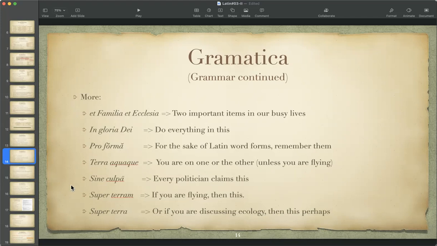Here you have in gloria Dei, and then you could have followed that with another in and said in ecclesiam, for example. So actually, you could distinguish the in where it takes the ablative versus the in where it takes the accusative. Yeah, I know what you meant. I will remember that for the next class. But anyway, I just noticed that from the superterum and the superterra, it's helpful to see the difference of the words because of the ending of the terum.